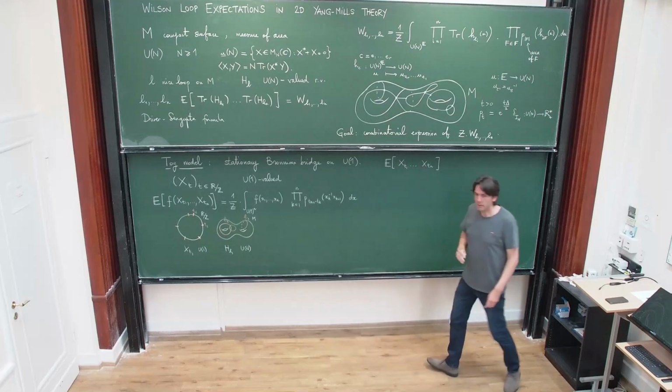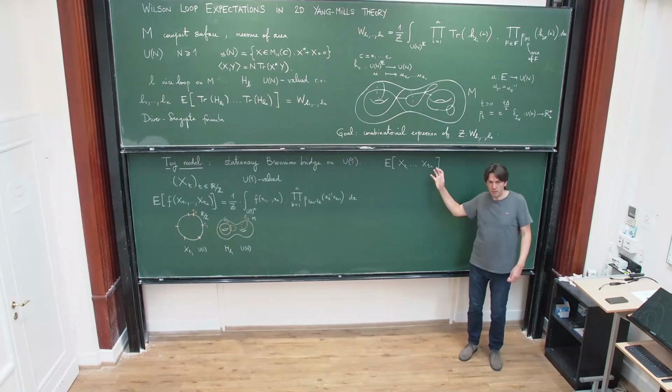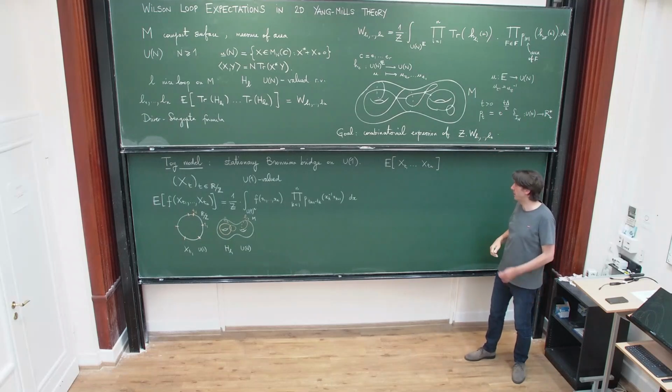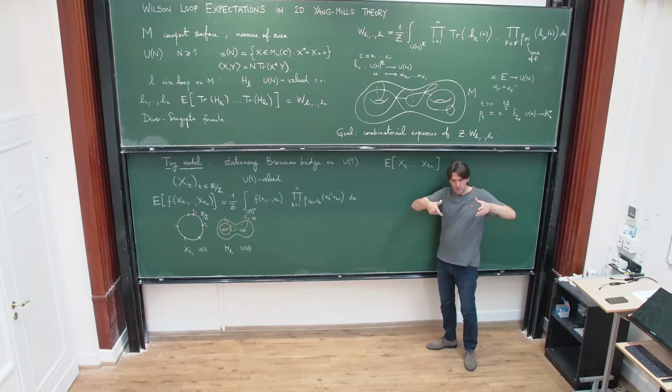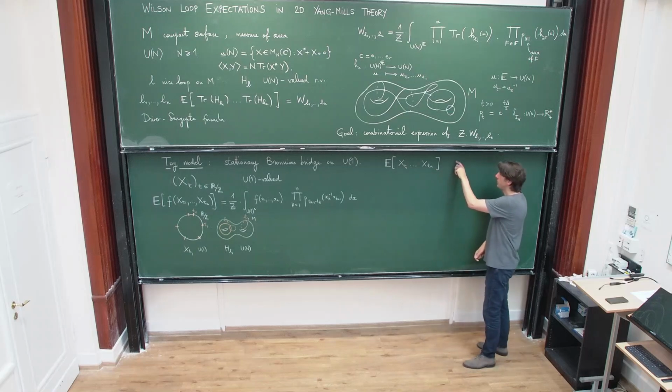We might want to compute something like this, analogous to what I wrote in the Yang-Mills case. Now this is 0 because of the invariance under a rotation shift of the process, because this is equal to e to the i n theta times itself for any theta.